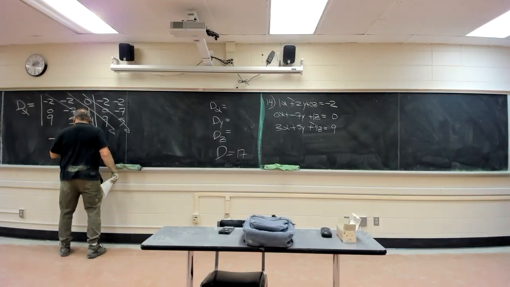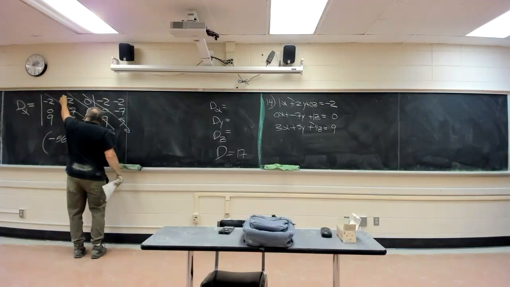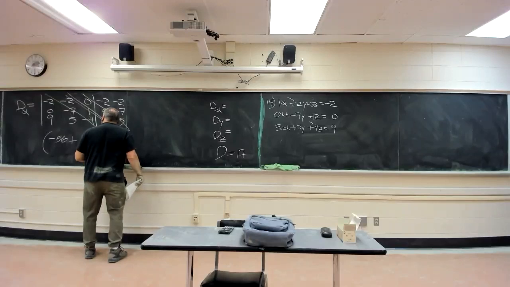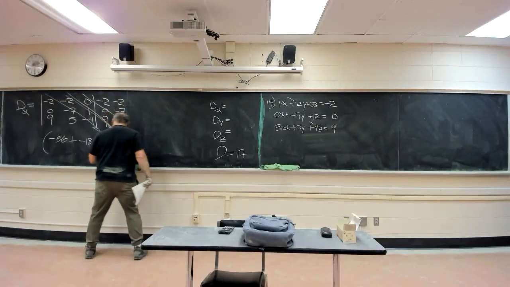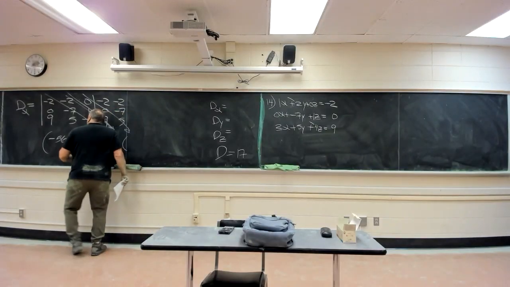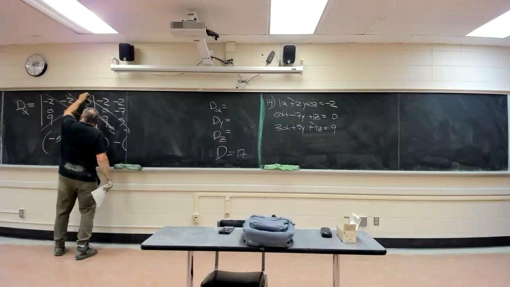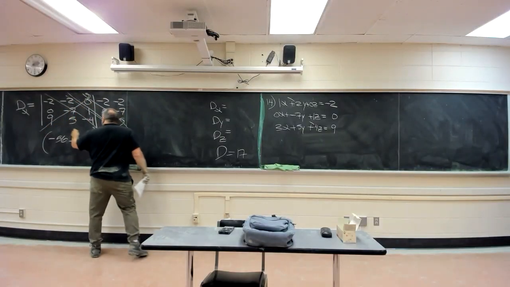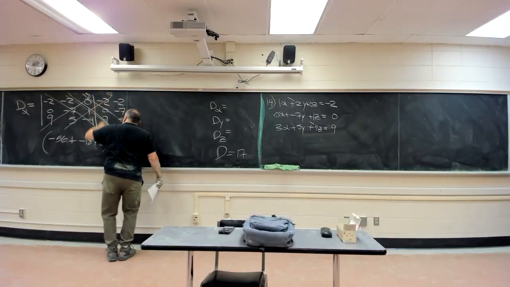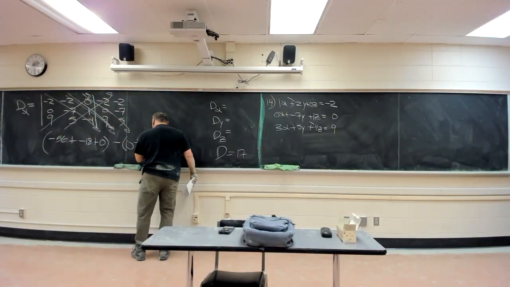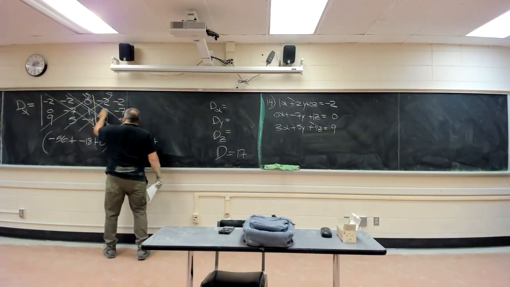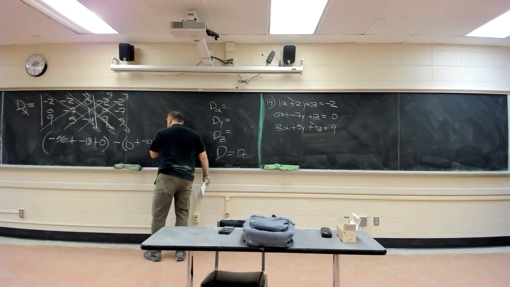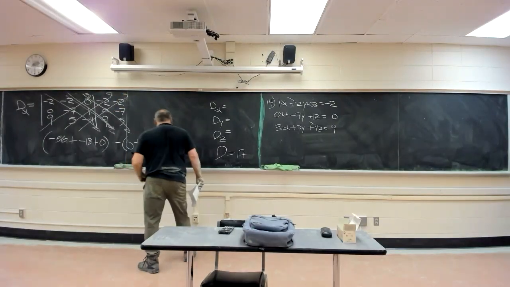Positive 14 times -4 is -56. -2 times positive 1 times positive 9 is -18. 0 times 0 times 5 is 0. Come on over this way. 9 times -7 times 0 is 0. 5 times 1 times -2 is -10. And -4 times 0 times -2 is 0. Okay, kind of interesting. This would be dx.